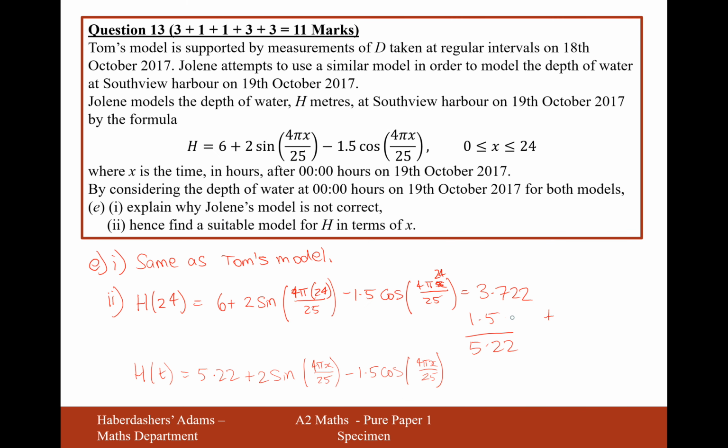So we need to do the reverse of that, which is to add 1.5 to get 5.22, so that when we type in h of 0 here, we have 5.22 take away 1.5, which gives us the 3.722 depth there.